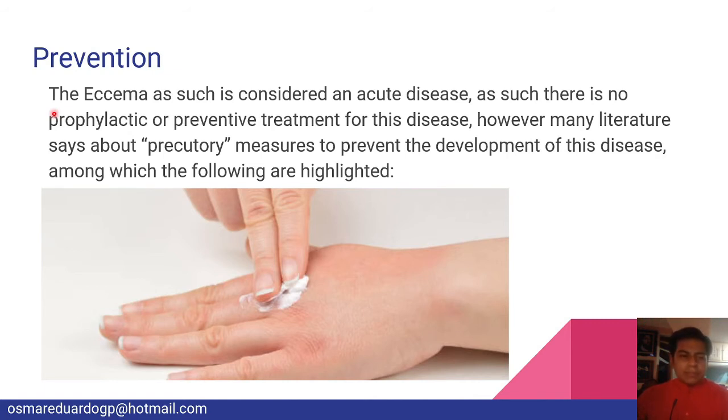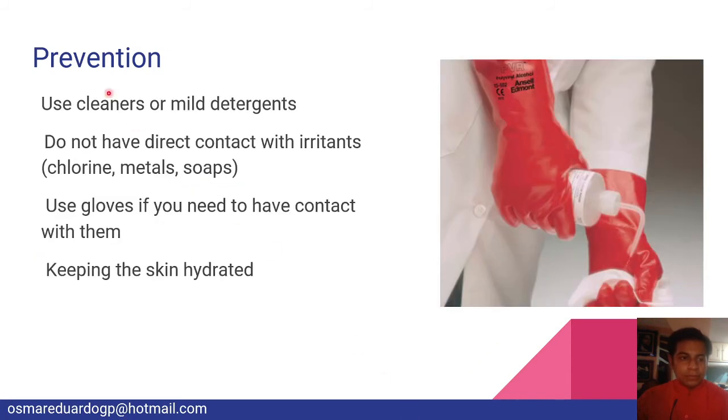Prevention. Eczema as such is considered an acute disease. As such, there is no prophylactic or preventive treatment for this disease. However, much of the literature describes precautionary measures to prevent its development, among which the following are highlighted.